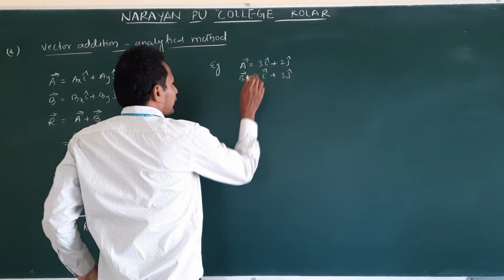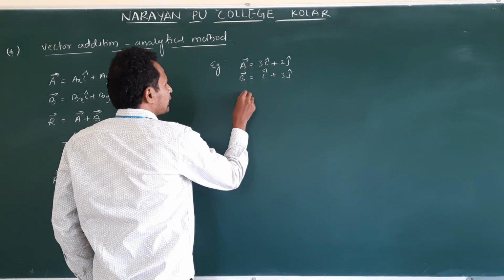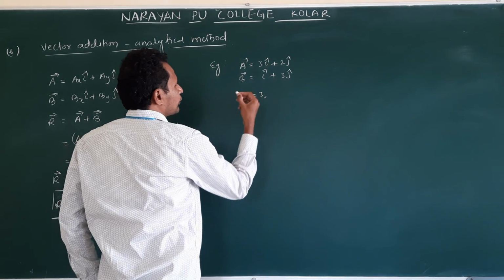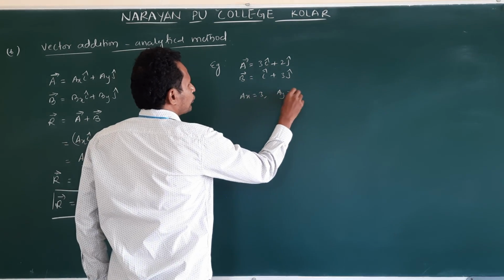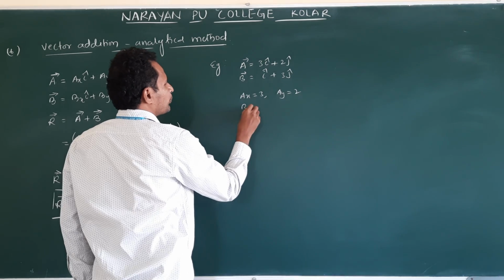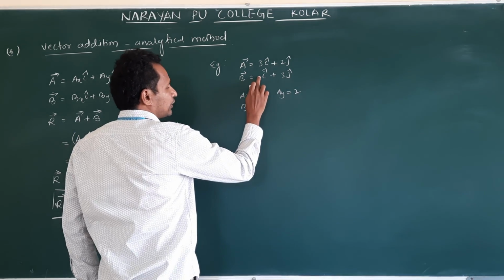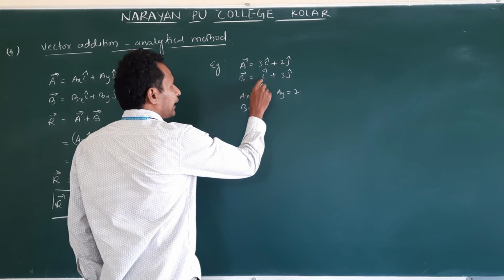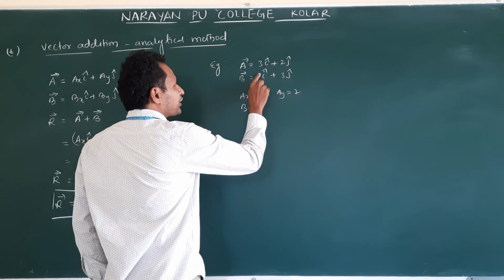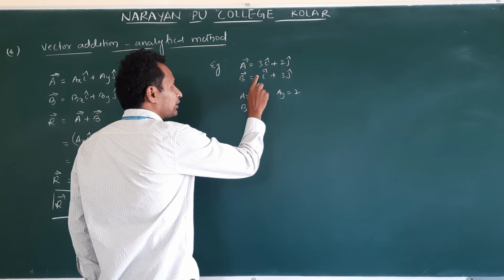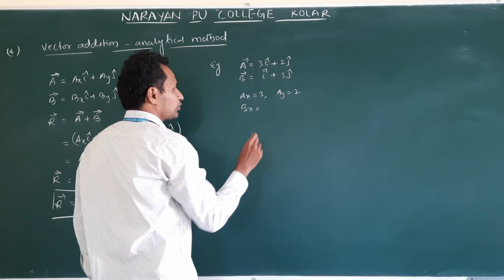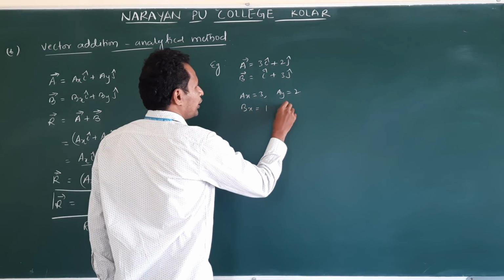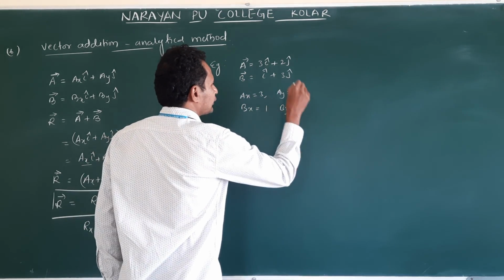Then from A, what is Ax? Ax is equal to 3, Ay is equal to 2. What is Bx? Nothing is given. What does it mean here? This is 1. I cap means the magnitude here is 1, I mean this component is 1. So 1. Next By. What is that? 3.